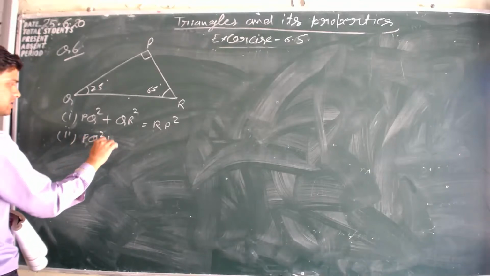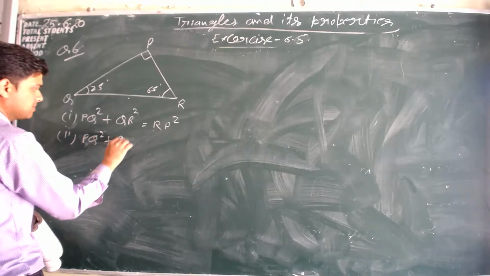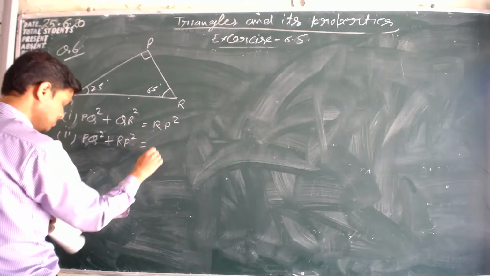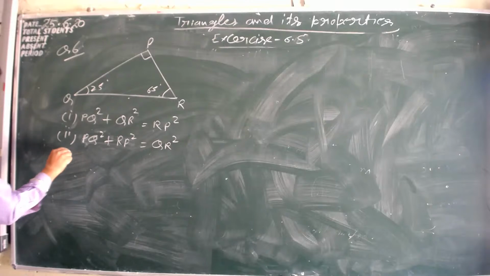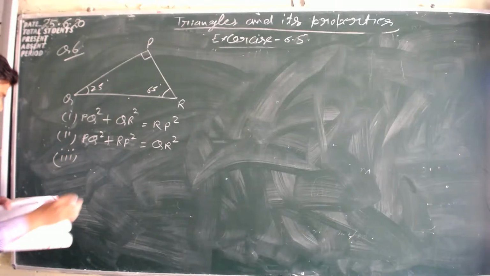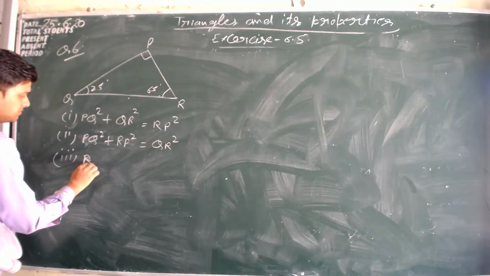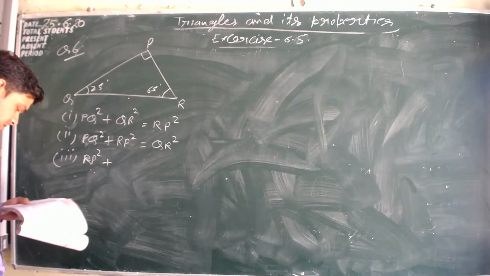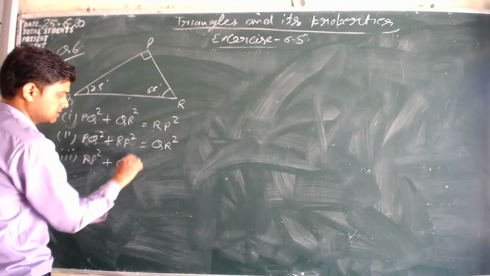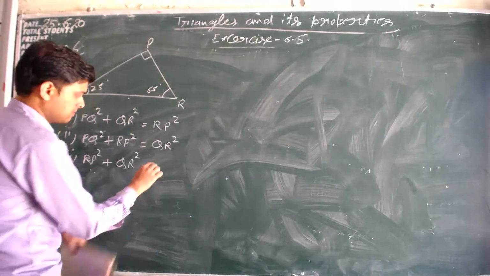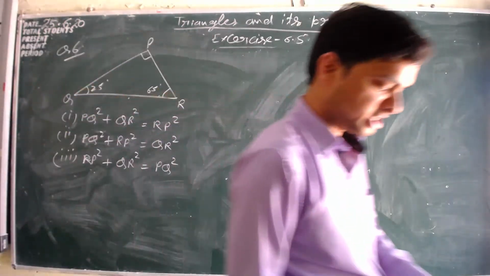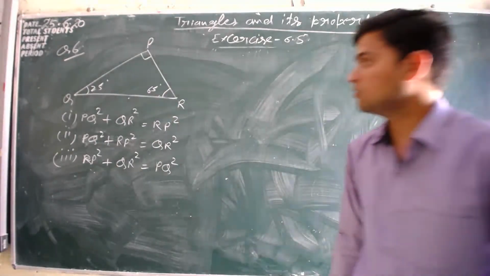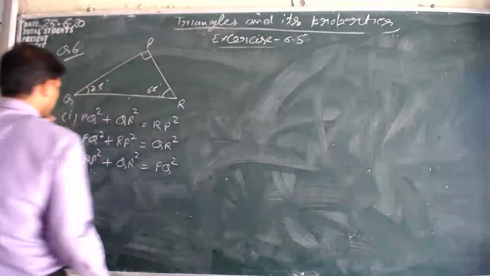Second statement: plus RT square is equals to QR square. Third statement is RP square plus QR square is equals to PQ square. Okay, these statements are given. Now we have to choose which statement is true.